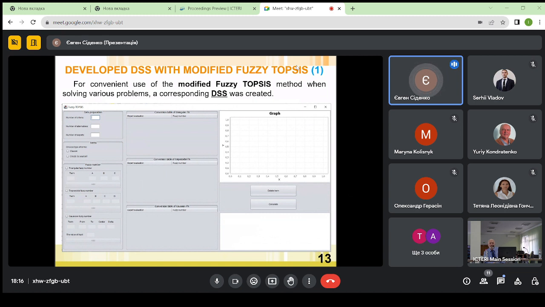We took our data from startup competitions, and in that competition there were 14 innovative projects, which were evaluated by 10 criteria. Could you please provide more details about the data set you used?